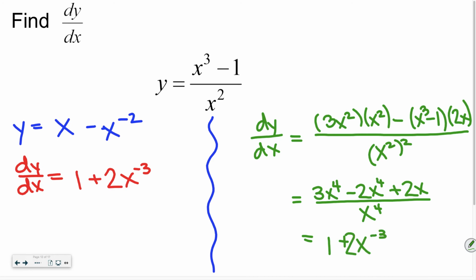They are the same. But if you use the quotient rule, we're really just going to stick to this up here. You could stop up there if you wanted to. I wouldn't expect you to get all the way to here if we did the quotient rule.